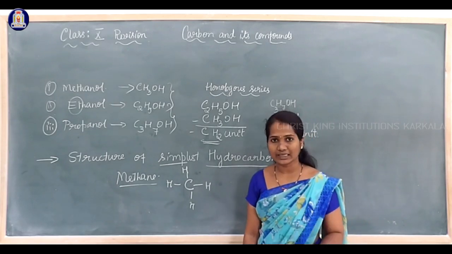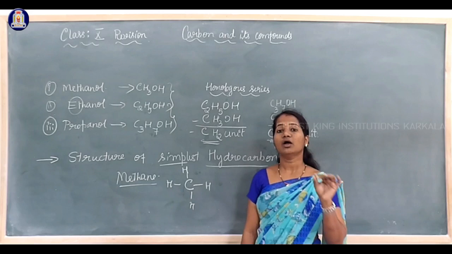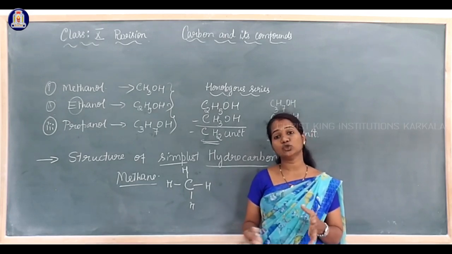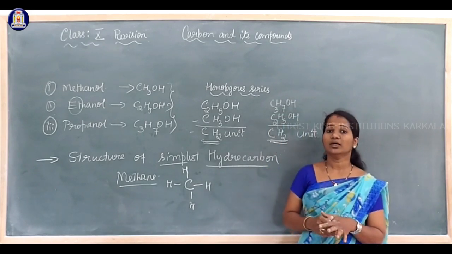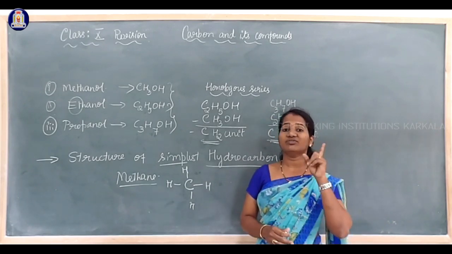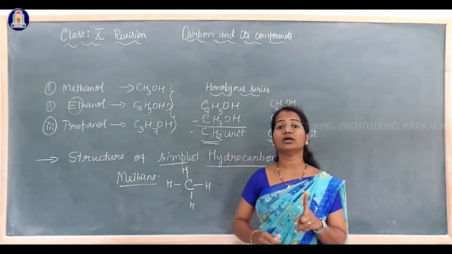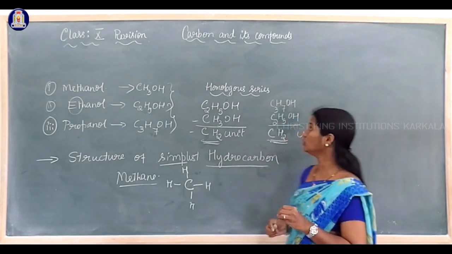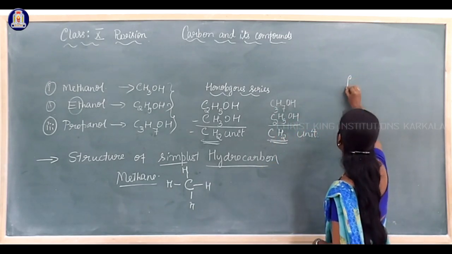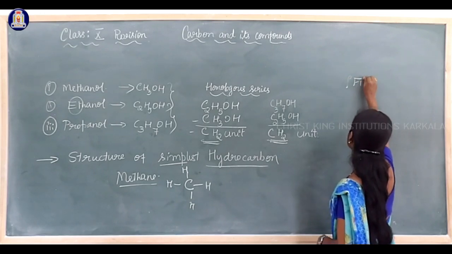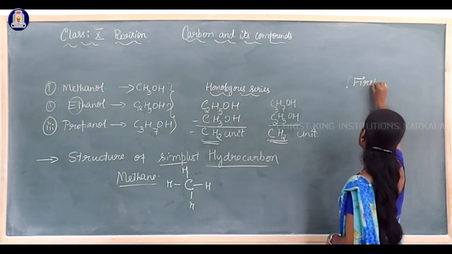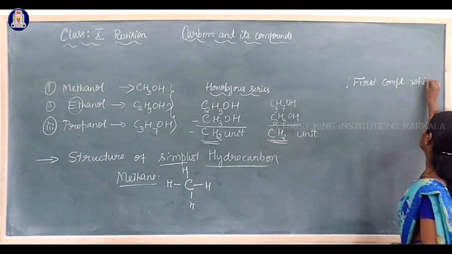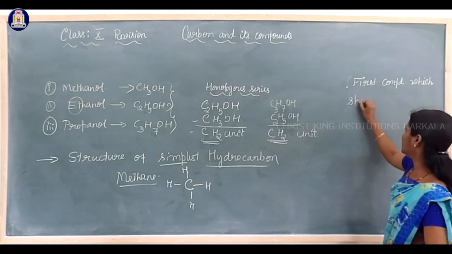If the question asks to write the structure of the hydrocarbon which has isomers, which shows isomerism, the first member of the hydrocarbon family which shows isomerism is butane.